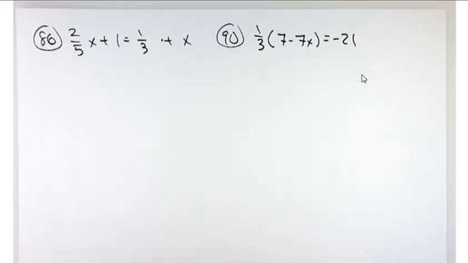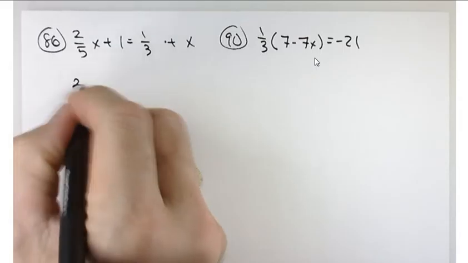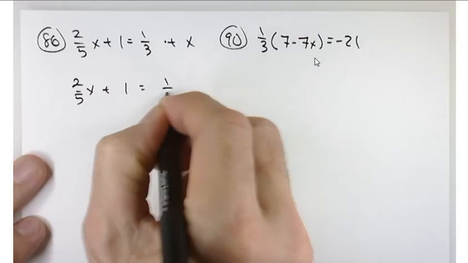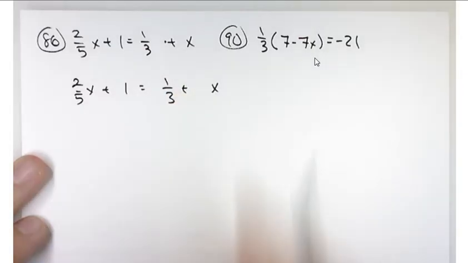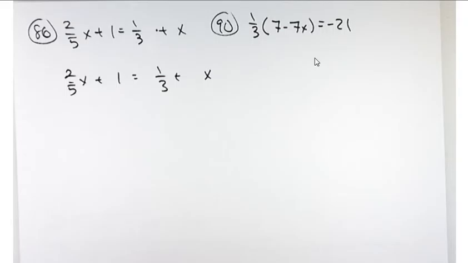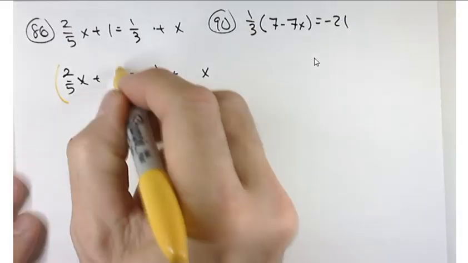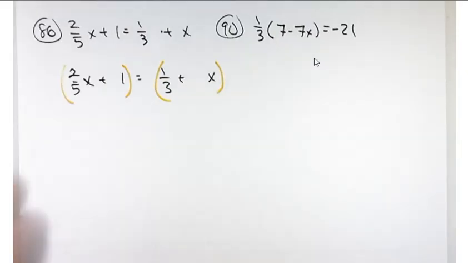So with this first one, I'm going to multiply both sides by 15. All right, so 2/5 x. Like I said, both sides get multiplied by 15: left-hand side by 15, right-hand side by 15.